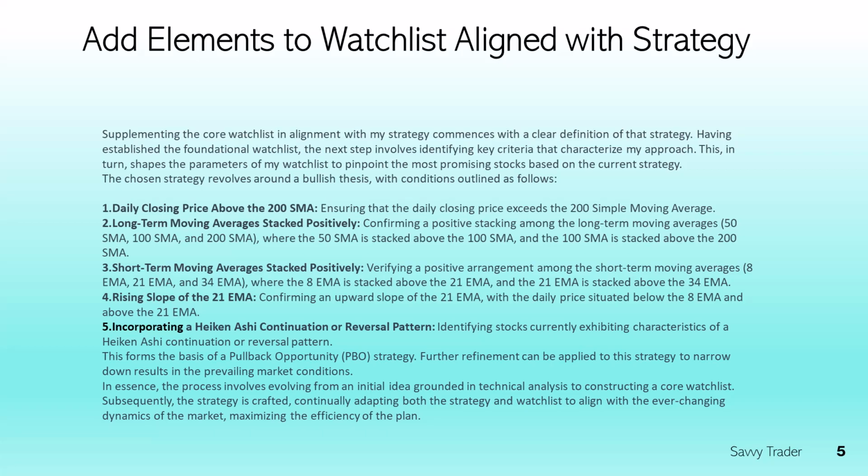Those types of scans I typically do with another program I have, which is TC2000. But for right now, we're going to stick with TOS, and I'm going to build the TOS scan for you just to show you how to work within the scan tab in TOS, and we'll do that next.